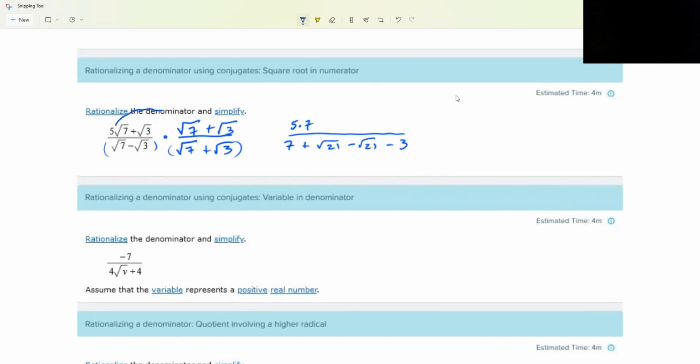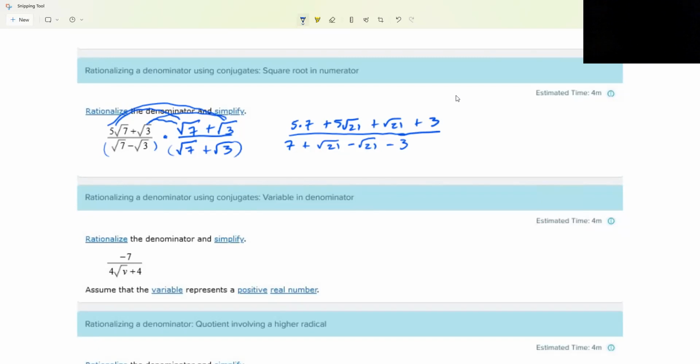Okay, so I'm saying this times this, and then this times that, which is going to give me plus 5 square roots of 21. All right. And then this times this is going to give me plus the square root of 21. And then square root of 3 times the square root of 3 is just going to be 3.